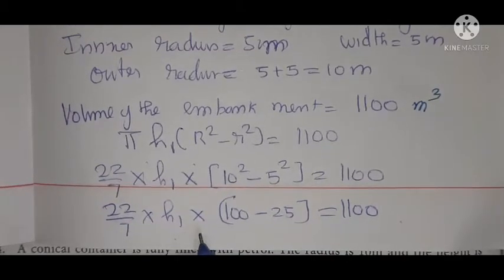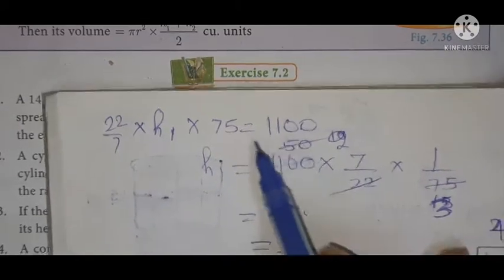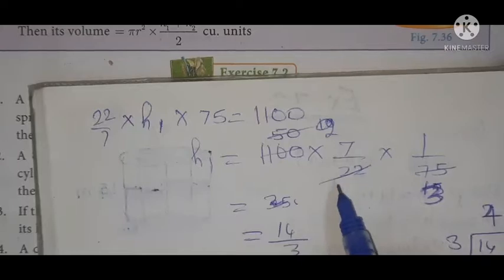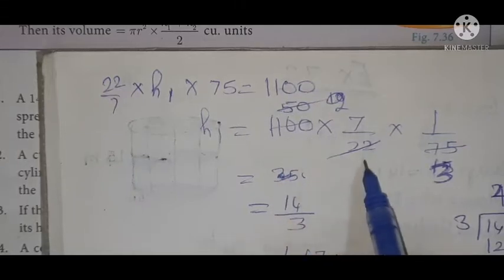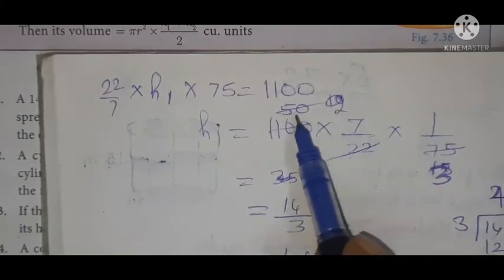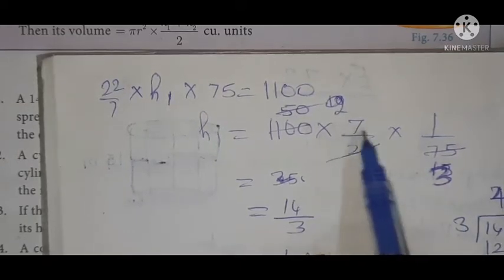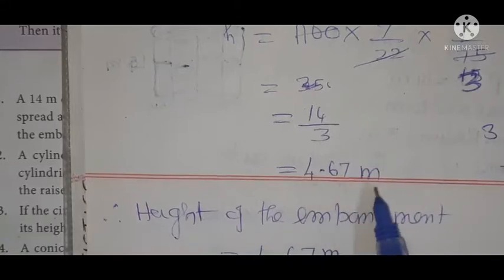22 by 7 into h1 into 10 square 100 minus 5 square 25 is equal to 1100. 22 by 7 into h1 into 100 minus 25, 75, is equal to 1100. h1 is equal to 1100 into 7 by 22 into 1 by 75. 1100 divided by 22, we get 50. 50 and 75 cancel by 25: 50 divided by 25 is 2, 75 divided by 25 is 3. 2 into 7, 14 by 3, is 4.67 meter.